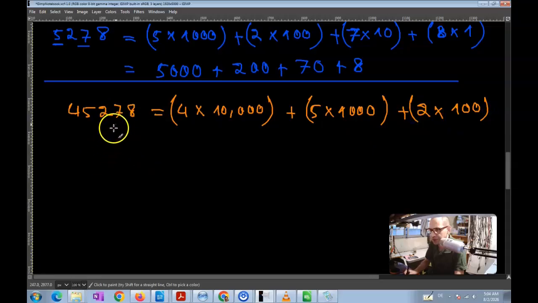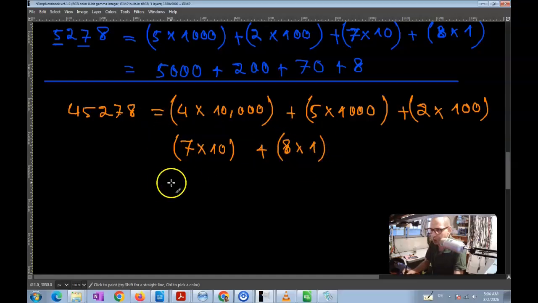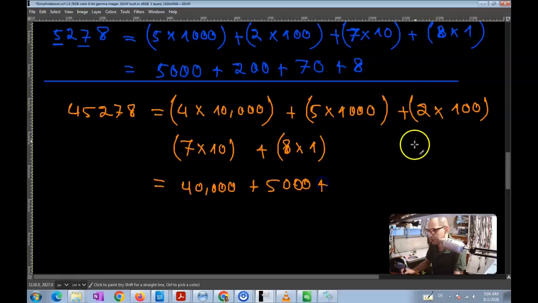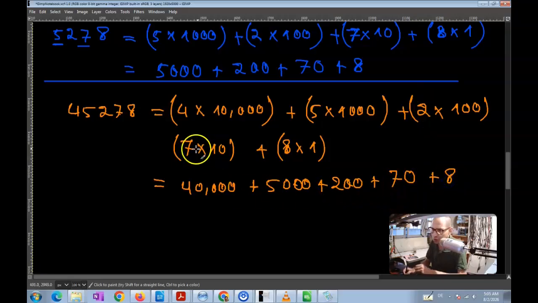And 7 is in the tens place value, so that's 7 times 10. And then you have 8, which is in the ones place value. So if I multiply these together, that would be 40,000, 5,000, 200, 70, and 8. So 45,278 is the sum of these parts.